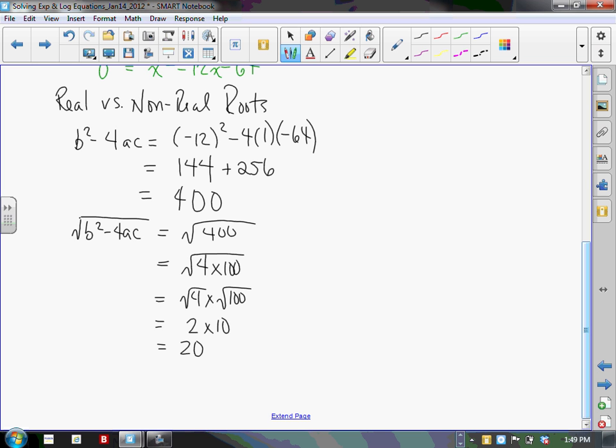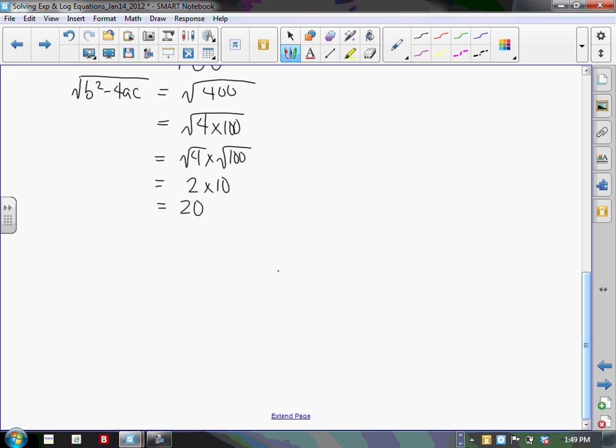So using the quadratic formula, we can determine the values of x. Recall that's negative b plus or minus the root of b squared minus 4ac all over 2a. We've already done the work to figure out the square root of the discriminant.